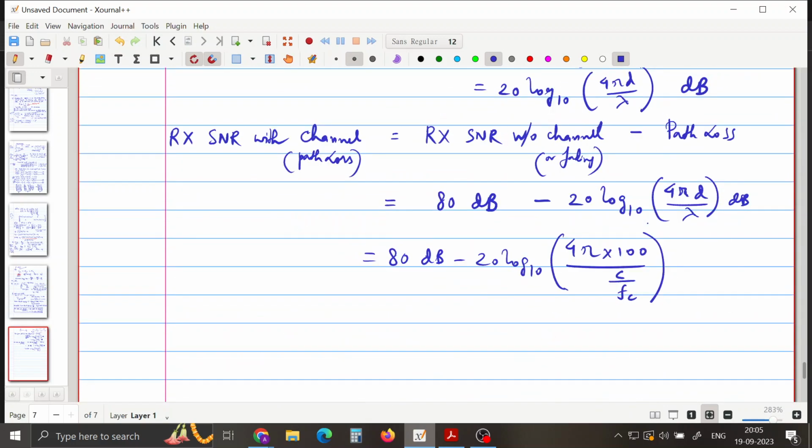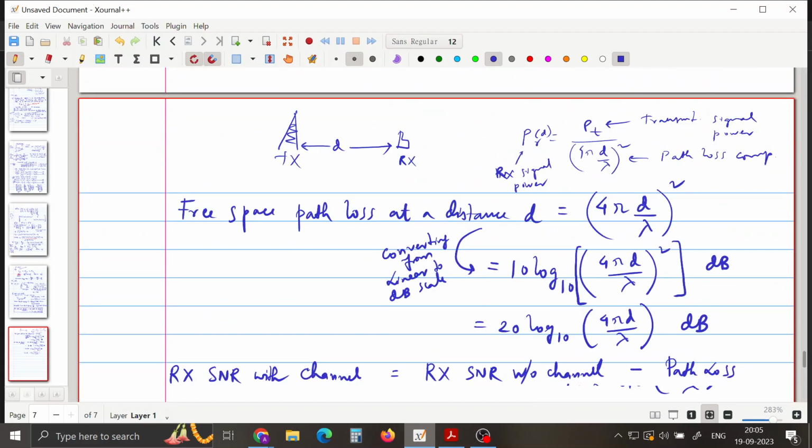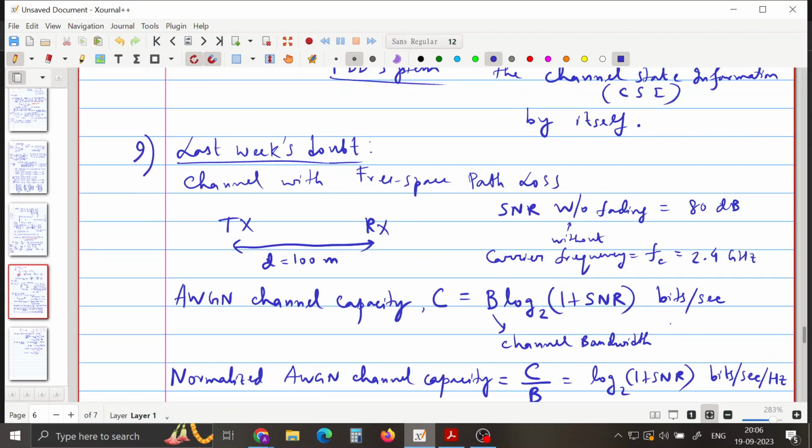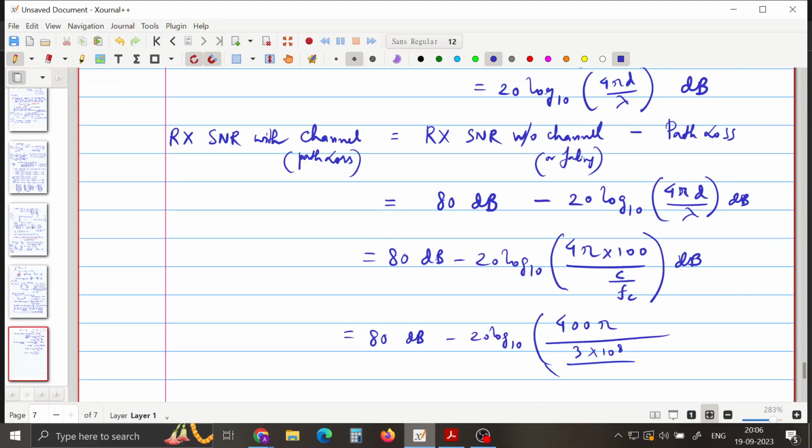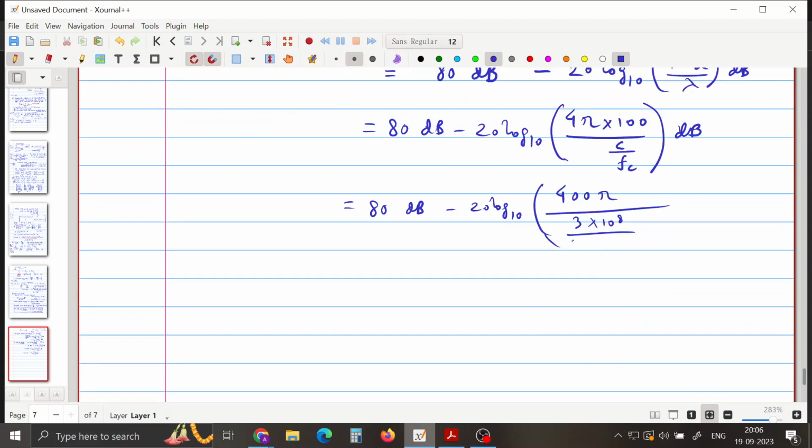So just put the values, that's it. So this is 80 dB minus 20 log base 10 of 400 pi divided by C, which is 3 into 10 to the power 8 meter per second, divided by your FC. FC was 2.4 gigahertz, I think. Yeah, 2.4 gigahertz. So 2.4 gigahertz means 2.4 into 10 to the power 9 hertz, right?